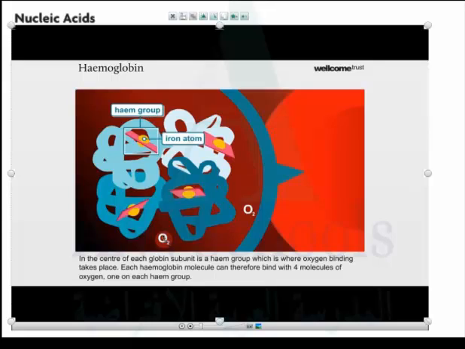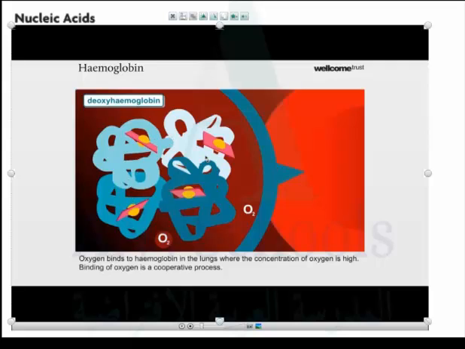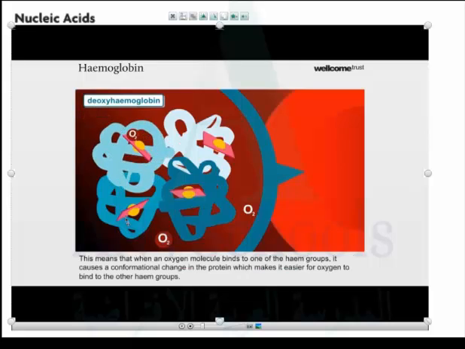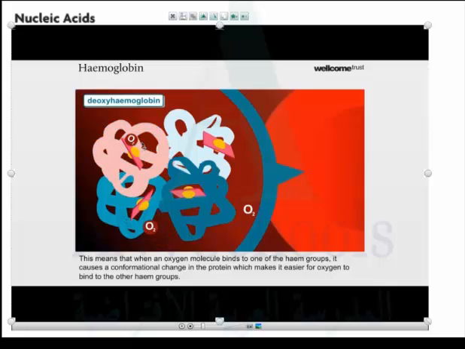This is an oxygen molecule. When an oxygen molecule attaches to one, it allows it to rotate so that it will attach to another one and another one. So this structure enables hemoglobin to be able to carry oxygen efficiently. You can see what happens here.